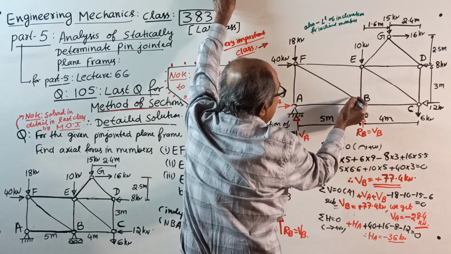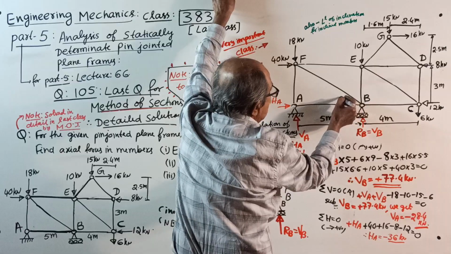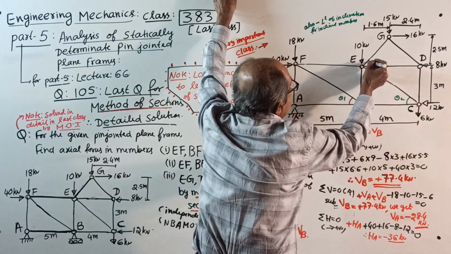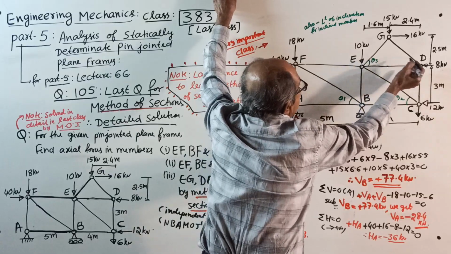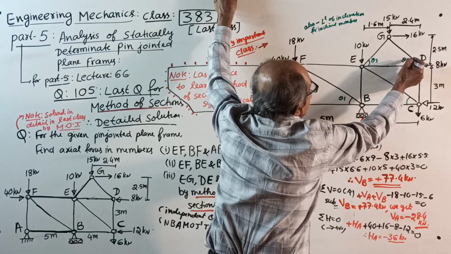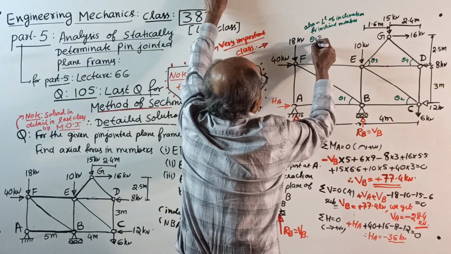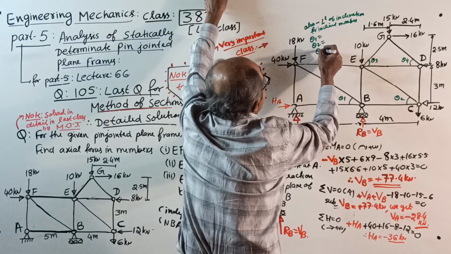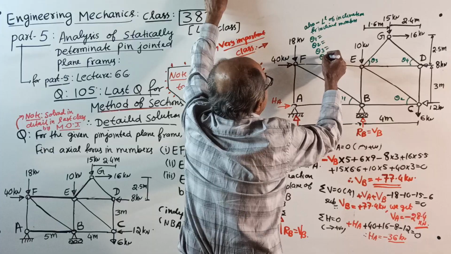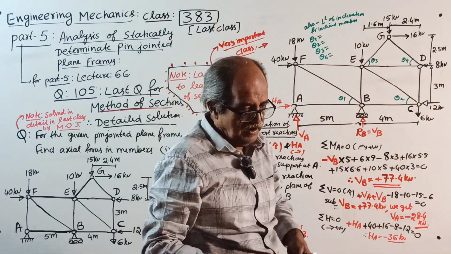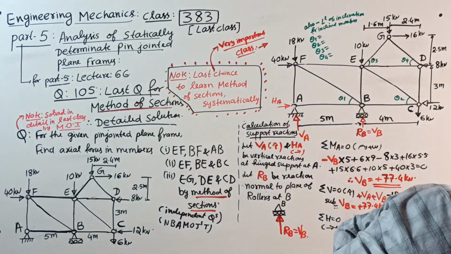In this sketch, mark this theta 1, theta 2, theta 3, and theta 4, and get the values of theta 1, theta 2, theta 3, and theta 4.